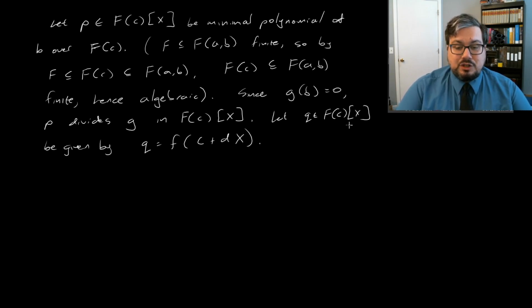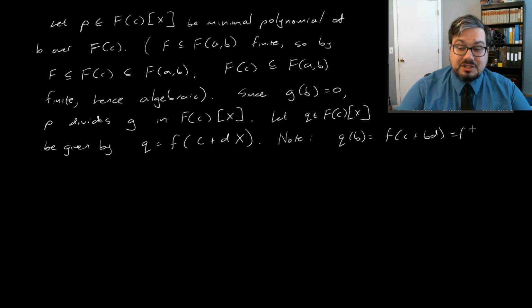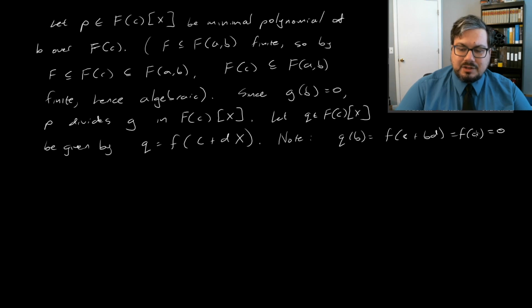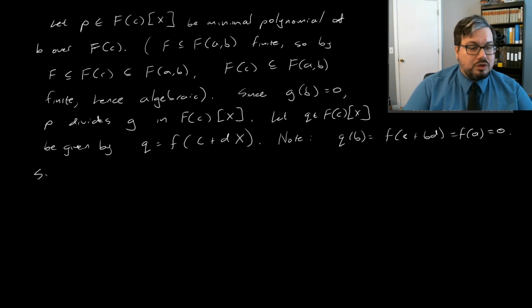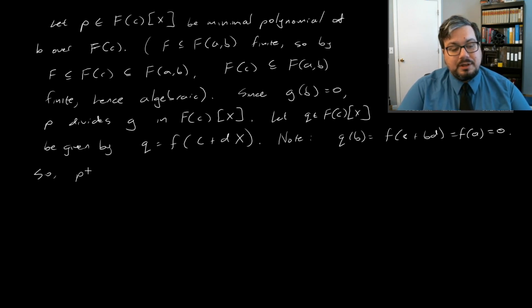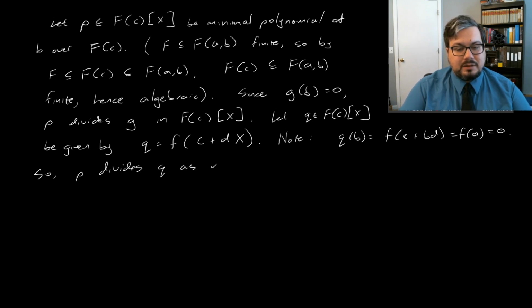So now this q is a polynomial here, and we can note that q of b is equal to f of c plus bd, which is f of a by construction. A is equal to c plus bd, and so this is 0. So that means that b is a root of q, so p divides q as well.